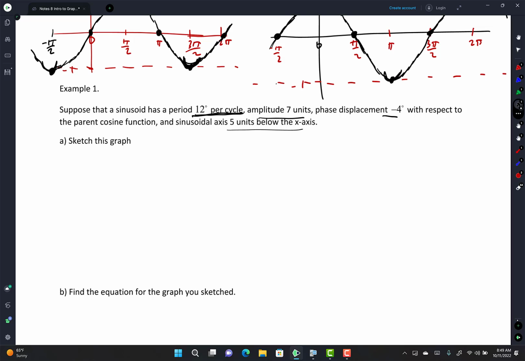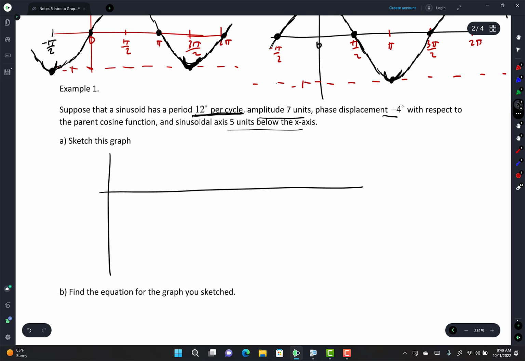So here we go. It says the axis is 5 below, so I'm going to put my x-axis right here. That's my x-axis. They told me that my sinusoidal axis is 5 units below the x-axis, so I'm going to say right here is -5, and I'm going to do a dashed line.